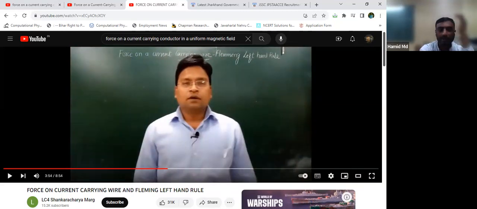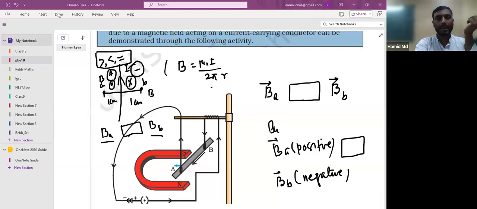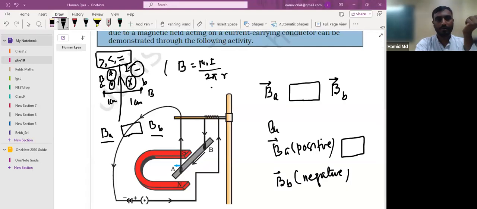Did you get anything? Babita, Shrab, did you observe anything? Yes, sir. What did you observe when the switch is on? Now we are coming to our point, okay? Should I remove all this or will you take a screenshot?